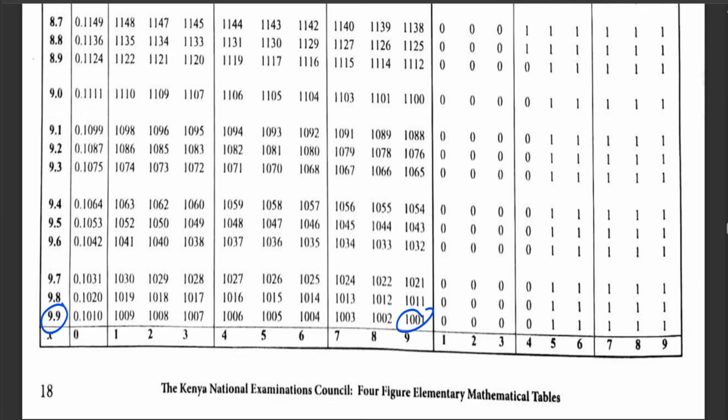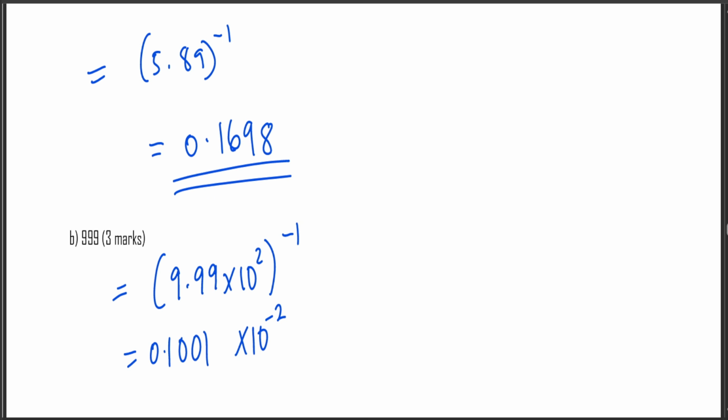Am I correct? Yeah. I'll confirm here. So the answer to that, 0.1001 times 10 power negative 2, is going to be 0.001001. So that is the answer.